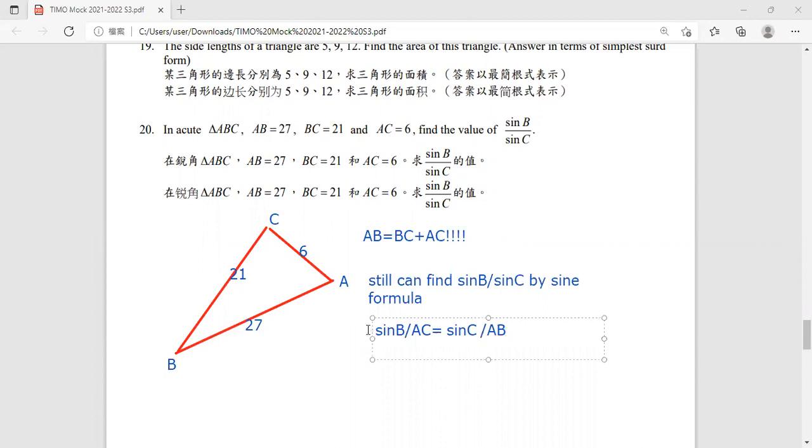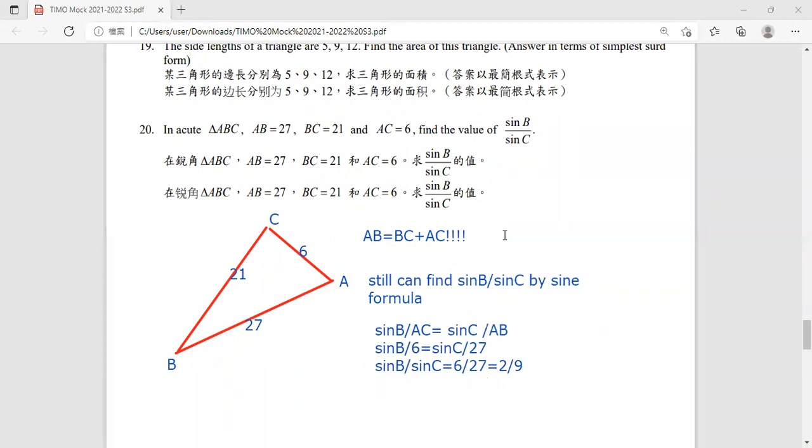So you just put the numbers in. Sine B over 6 is equal to sine C over 27. So sine B over sine C is equal to 6 over 27, which is equal to 2 over 9.